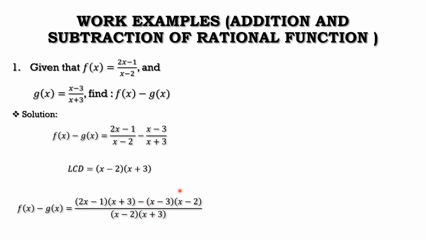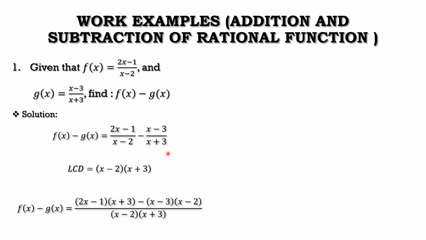So the moment you have your LCD of this nature, s minus 2 goes here, leaving the s plus 3, or s minus 2 will cancel out the s minus 2 factor, and we are left with s plus 3. This s plus 3 will multiply the numerator, which is 2s minus 1, and we are going to get 2s minus 1 multiplying s plus 3.